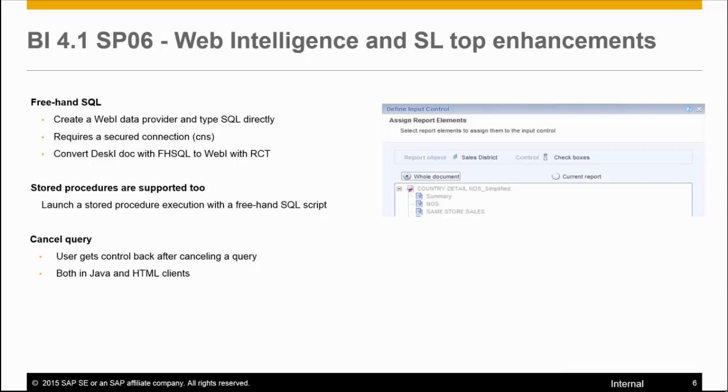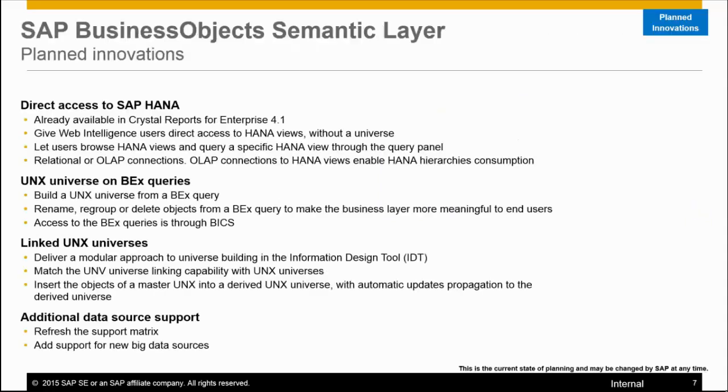Next, I'm going to talk about what the roadmap looks like for the semantic layer. So some of the innovations that we're looking to bring on the semantic layer front is the ability to connect to SAP HANA, or the direct access to SAP HANA as well. So today you can build universes off of analytical views or calculation views, but what we're looking to bring is similar functionality as to what you have when you're connecting to BEX queries, where you'll be able to take your Web Intelligence client and connect directly to an underlying calculation view or an analytical view without actually having to create a universe first.